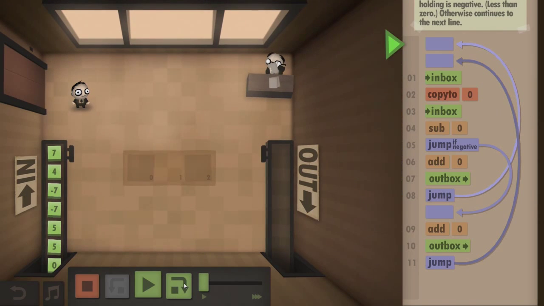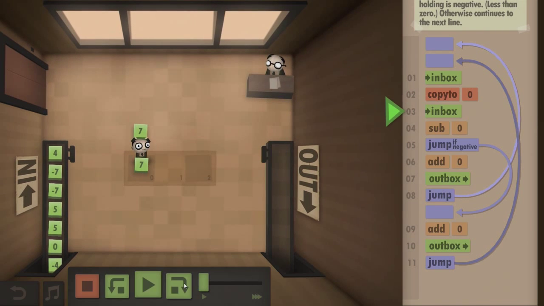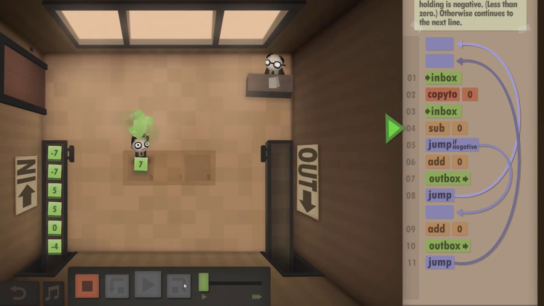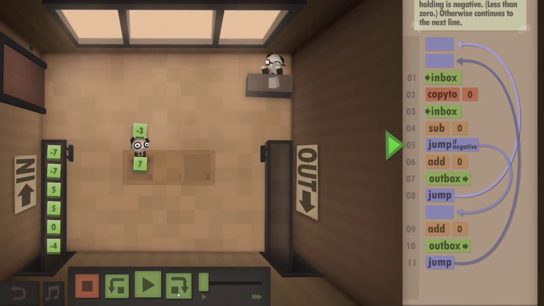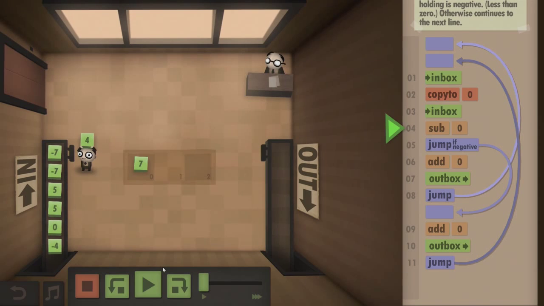Right, 7, 4. Biggest number is first, so it's going to do that. Then it's going to add. It's going to subtract. Alright, so it's negative. How do I get that back? I'm minus 4 from 7, so how do I get that back?